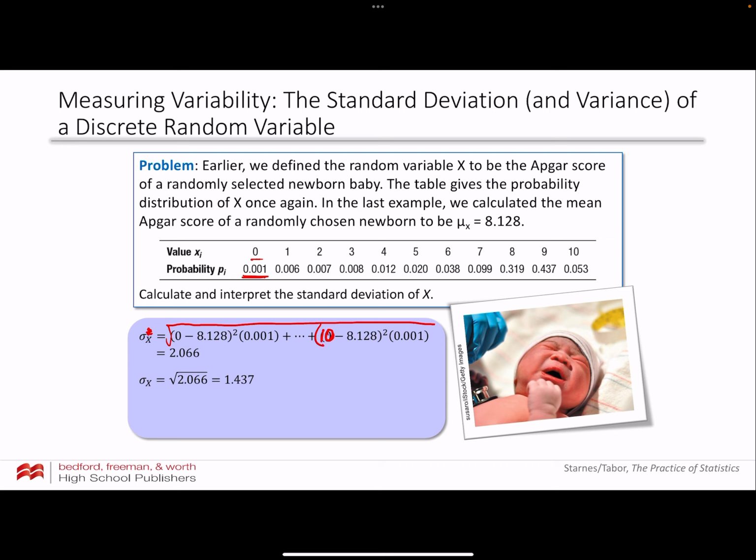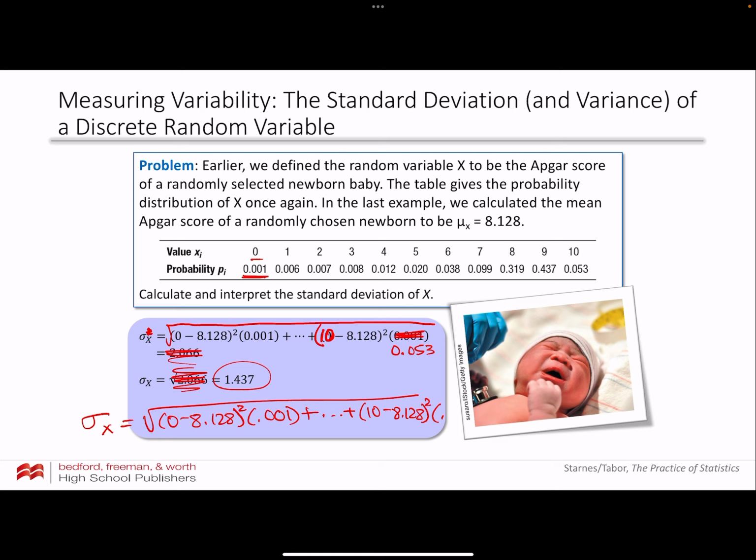So the last value is 10 minus the mean, 8.128, times its probability should be 0.053. And then you don't even need this. I would just say equals that. So I'm sorry this is messy, but basically the 0 minus 8.128 squared times 0.001 dot, dot, dot, 10 minus 8.128 squared times 0.053, and then equals 1.437.